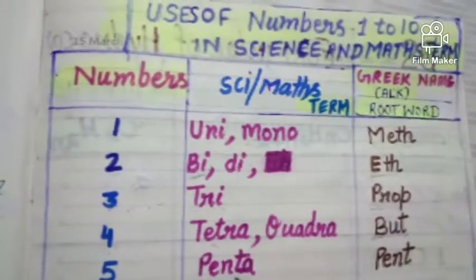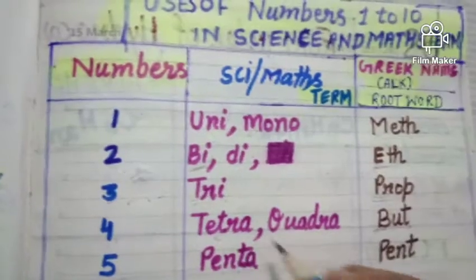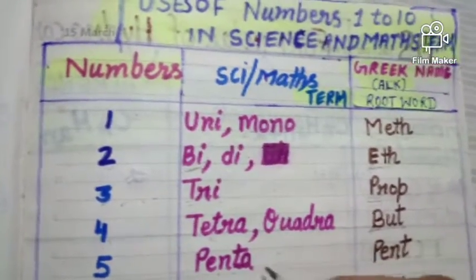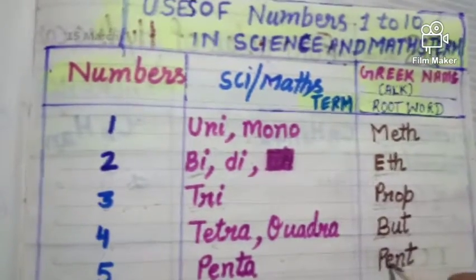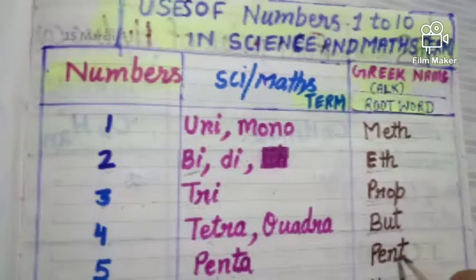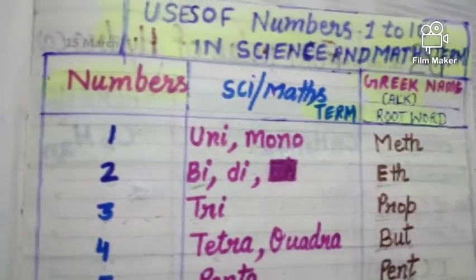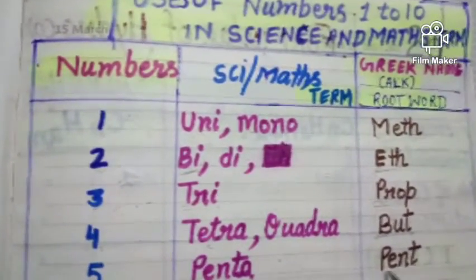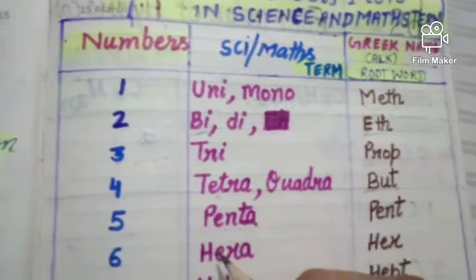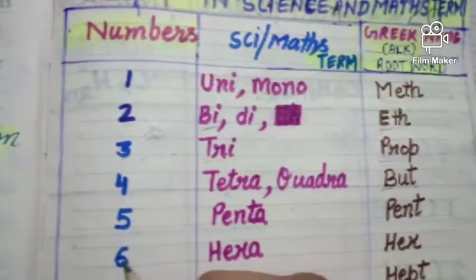The next is penta. Penta is used for the pentagon, meaning having 5 line segments. And pent, similarly in the hydrocarbons, the word pent is used for the hydrocarbon containing 5 carbon atoms. And then hexa is for 6.